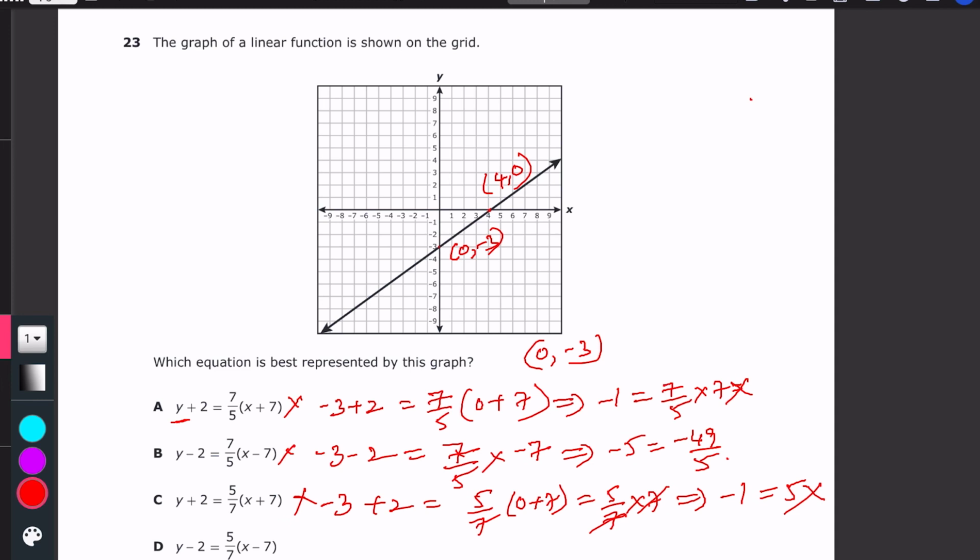Put in the place of y minus 3: minus 3 minus 2 is equal to 5 by 7 into 0 minus 7, which is 5 by 7 into minus 7. So you're getting minus 5 is equal to minus 5, hence the last option can be correct. So for the 23rd, the option is D.